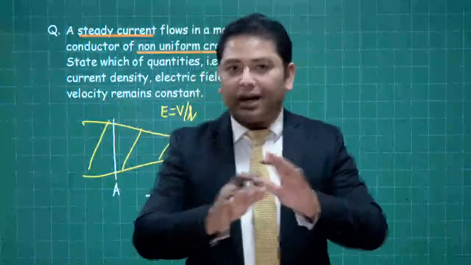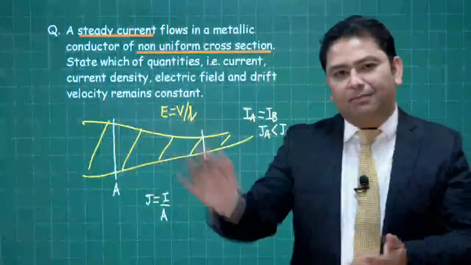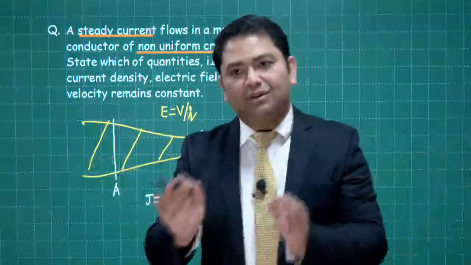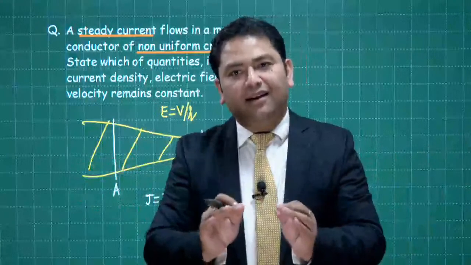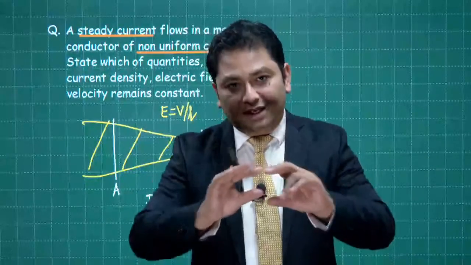So this thing, I don't know how you're going to memorize it. Write it on your wall, write it in your paper, make a tattoo, whatever you do. But pay attention, E equals V by L, that's valid only and only when the conductor is uniform.